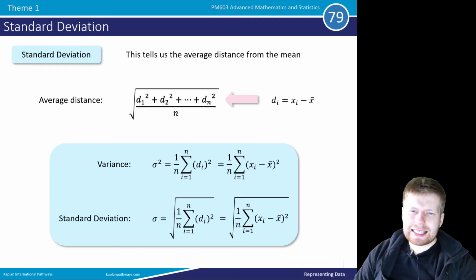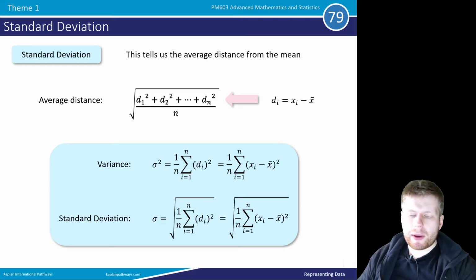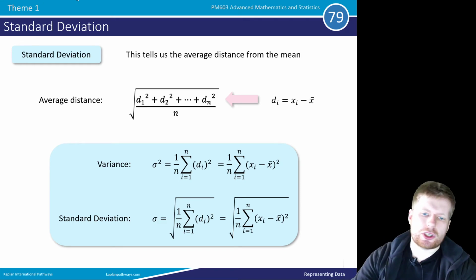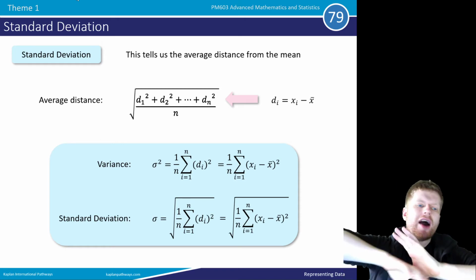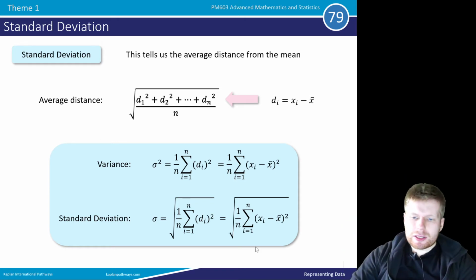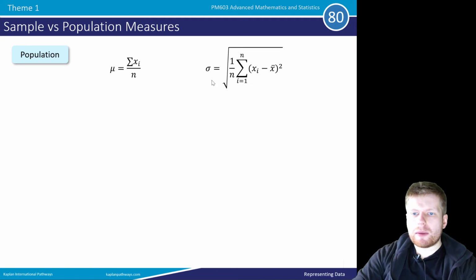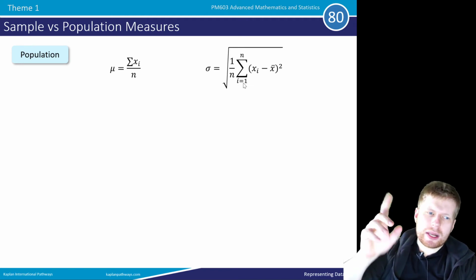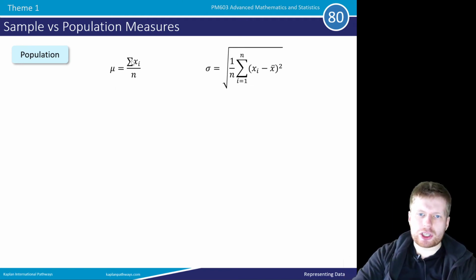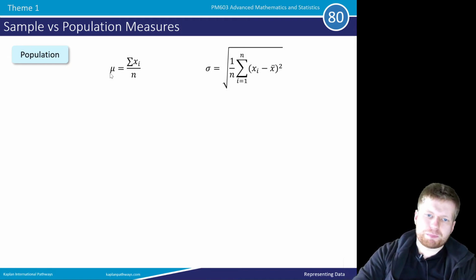Okay, so implicitly here I've been talking about population standard deviation or population variance. In other words, I've been dealing with the entire group. So these formulas here are talking about the entire group. Now this is really important actually, and it's worth mentioning here: the symbols that we give to measures of population.